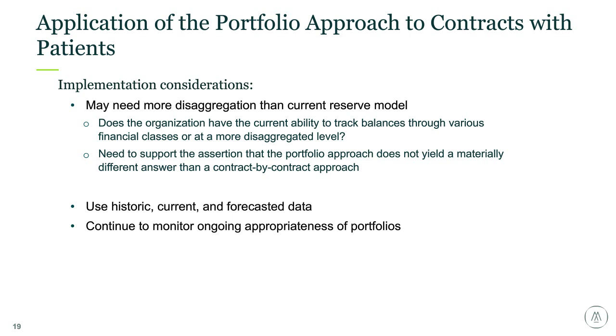So the question is, if I have a current payer financial class that's a Medicaid financial class, is that appropriately disaggregated to assure that I'm going to get the materially consistent accounting result that I would with individual contracts, or is my portfolio more appropriately something like Medicaid, managed care, inpatient, something at a little bit more granular level to meet that standard in the new topic.